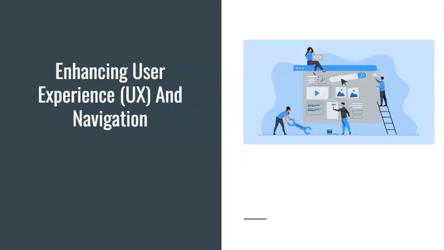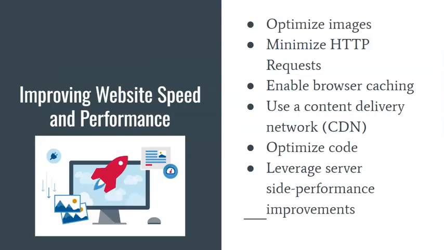Minimizing the HTTP requests of your website entails things like reducing the number of elements on your page, like the number of images that you have on the page, the amount of scripts and CSS files that load on your page. By decreasing this number, you decrease the number of HTTP requests, and the images combined are reduced in size, and this helps your web pages to load faster.